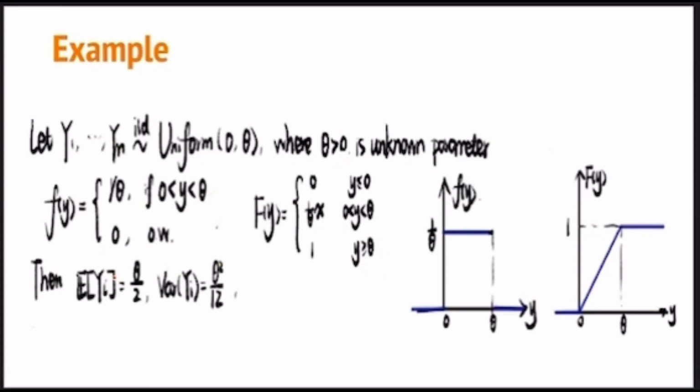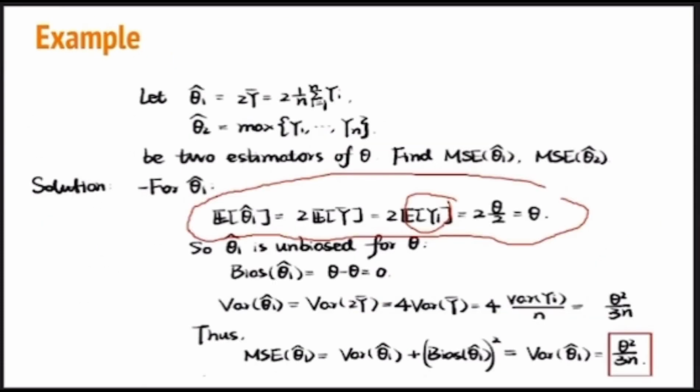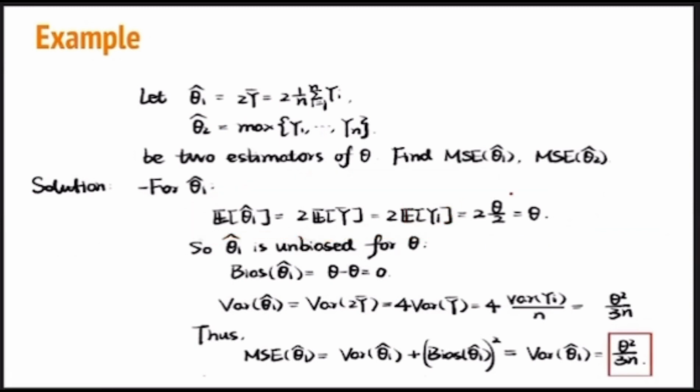That means you need to know the expected value of y and the variance of y of the probability distribution of the population. That's what I'm going to plug in here. Okay, you can see I've already plugged that in, and mathematically speaking, that now gives me theta, right? That shows that theta cap 1 is an unbiased estimator.